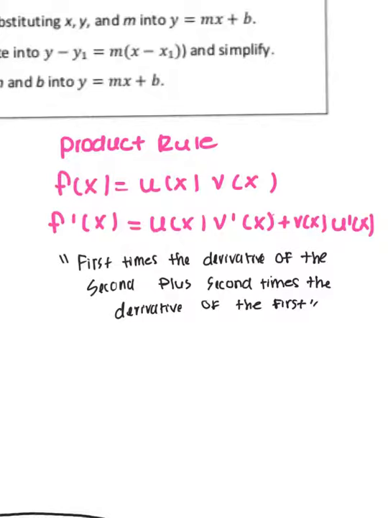First times the derivative of the second plus second times the derivative of the first. That's when we are taking the product of 2 expressions and we want to find the derivative of that product. Wait until we divide 2 of them. That's another one.